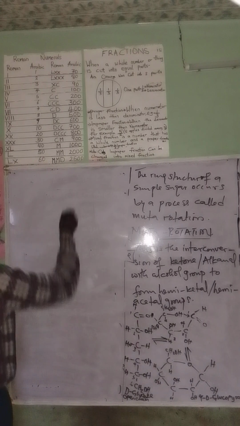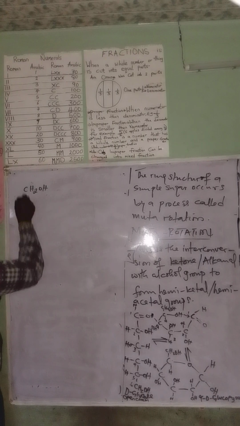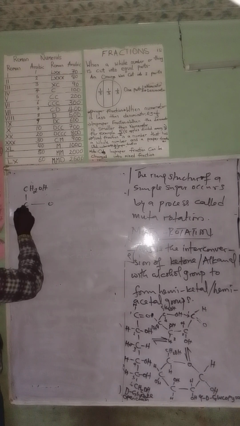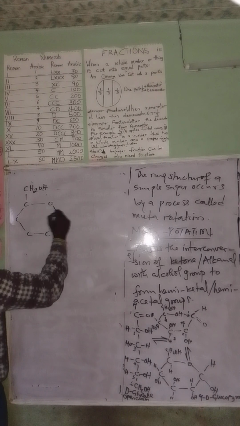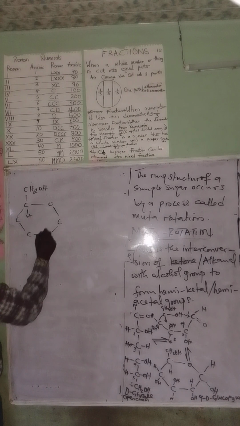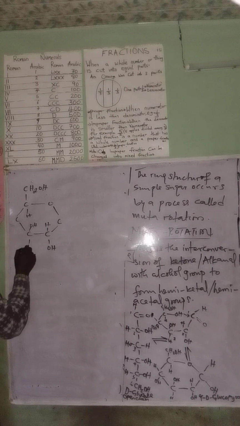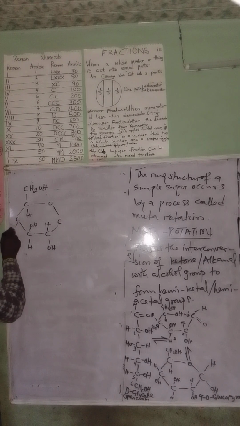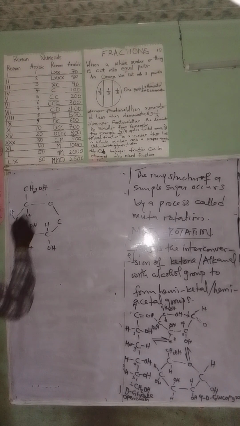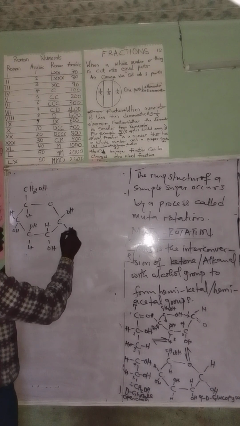So you can also have an isomer of that one, which is going to give us CH2OH. Then we have this. This is H inside, OH outside, OH inside, H outside. Then I have OH down, H up. So now I can have my OH up here and H down here.